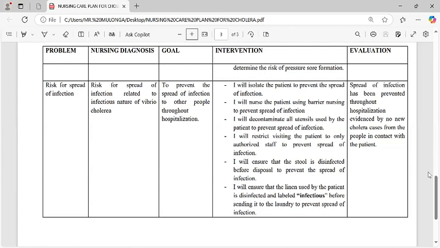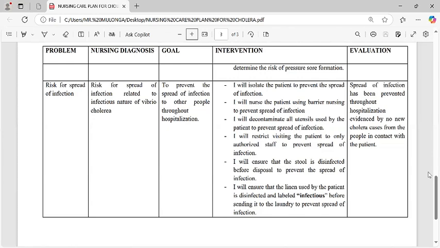Number 2, I will nurse the patient using barrier nursing to prevent spread of infections. So what we mean by barrier nursing is where the nurse protects themselves from acquiring that infectious condition.